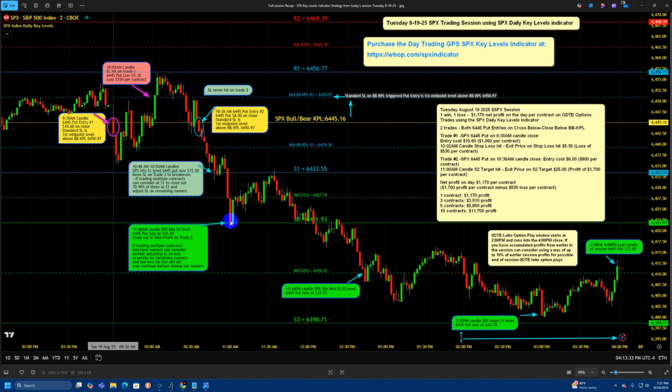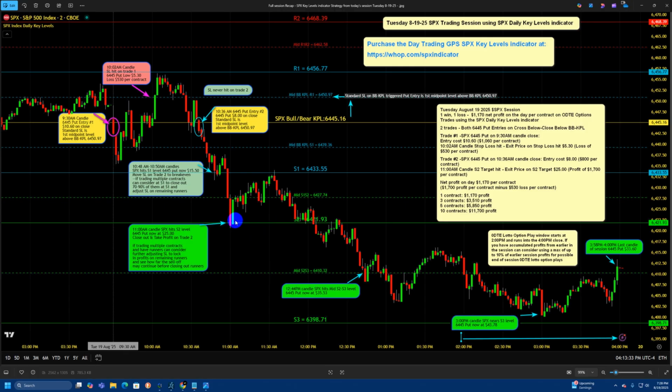The only exception to that would be if you already closed out 70 to 90% of them here at the S1 level and you had adjusted your stop loss and just kept a minority of your position for runners. You could of course still close out the runners here, but in most cases when you are doing runners and taking the majority of your profits earlier, you're also looking to get a larger move, because we don't know if this is going to end up being a move that could go all the way down to S3, S4, S5, or even S6.